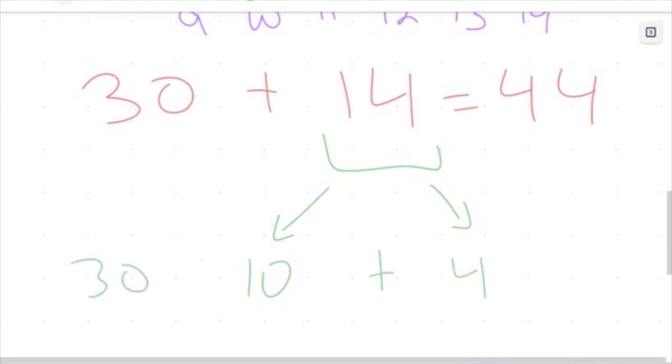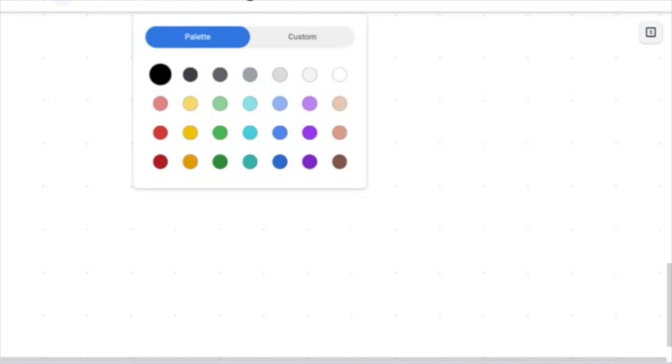And my 30 stays here. So 30 plus 10 gives me 40, plus 4 gives me 44. So this is an idea of partitioning: breaking these big numbers down into some nice round ones that make the addition easier.